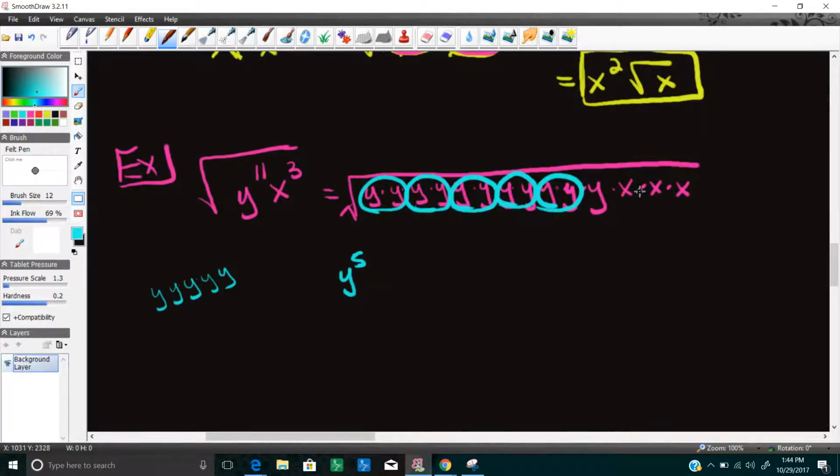Save me some work. And then I have one pair of x's, so times x. So I have 5 circles for the y's. There's that 5 right there. And I have 1 circle for the x. So I only have one x. And inside I'm left with this y, and this x. And that's it.